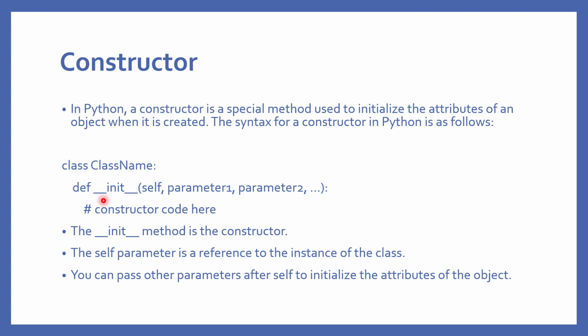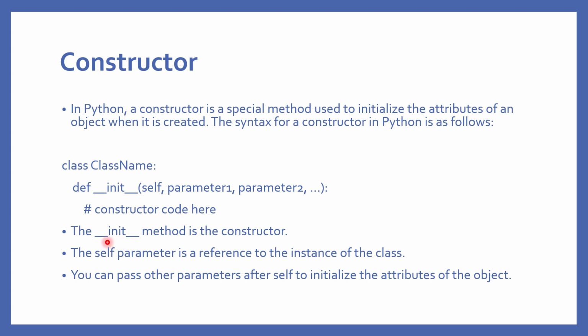These are actually two underscores in the beginning, then init, then another two underscores, and then in the brackets we have to pass self as the first parameter. So always self will be one of the parameters for the constructor. It actually refers to the class, and then we can pass other parameters as per our requirement. After giving proper indentation we can provide the full code.